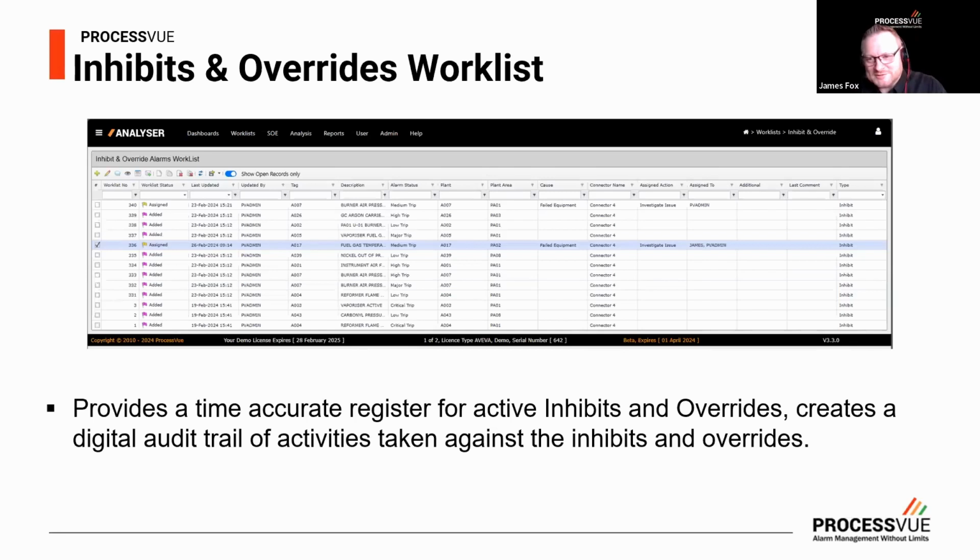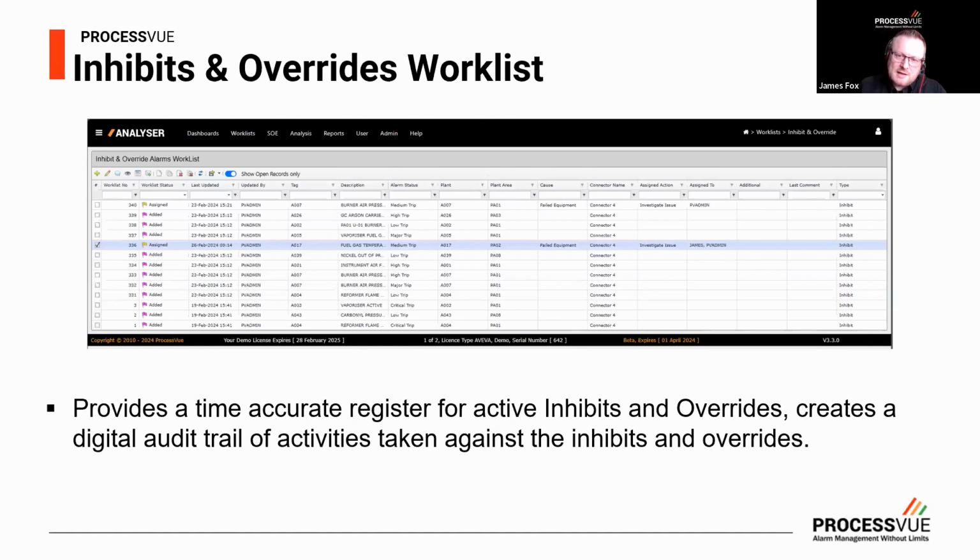But unfortunately, the real world doesn't always work like that. So there's often multiple tasks that happen. Incidents may occur, and that may prevent us from logging those inhibits and overrides at the correct time. We may come back a little time after and then add maybe one or two inhibits and overrides to the logbook. And then, of course, we've got the time accuracy. We've then got to try and figure out what time the inhibit was put on, the override, etc.